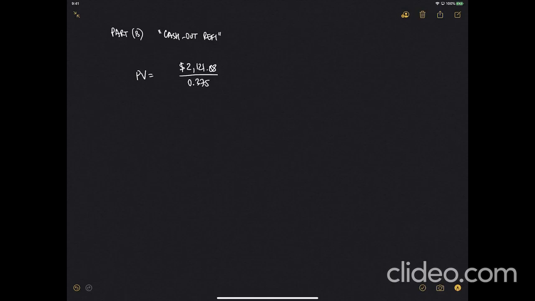I'm just using the annuity formula to find the present value of this amount: 1 minus 1 divided by 1 plus this interest rate, raised to the power 240. Recall that this is a 20-year loan on which we're paying monthly payments, so there are 240 months.